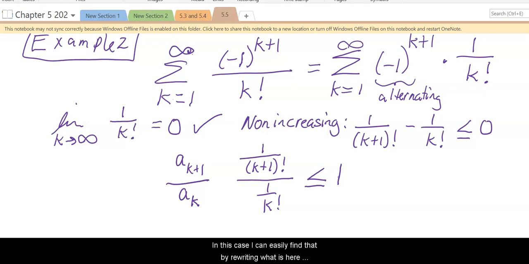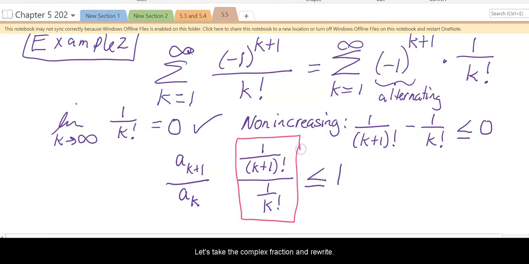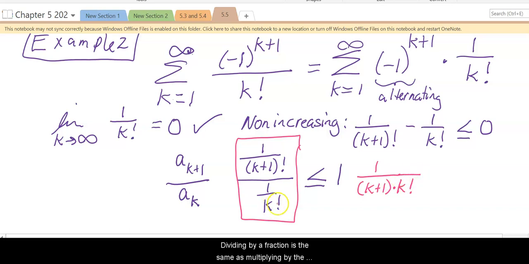In this case, I can easily find that by rewriting this complex fraction. This becomes 1 over k plus 1 times k factorial. Dividing by a fraction is the same as multiplying by the reciprocal, which is k factorial over 1.